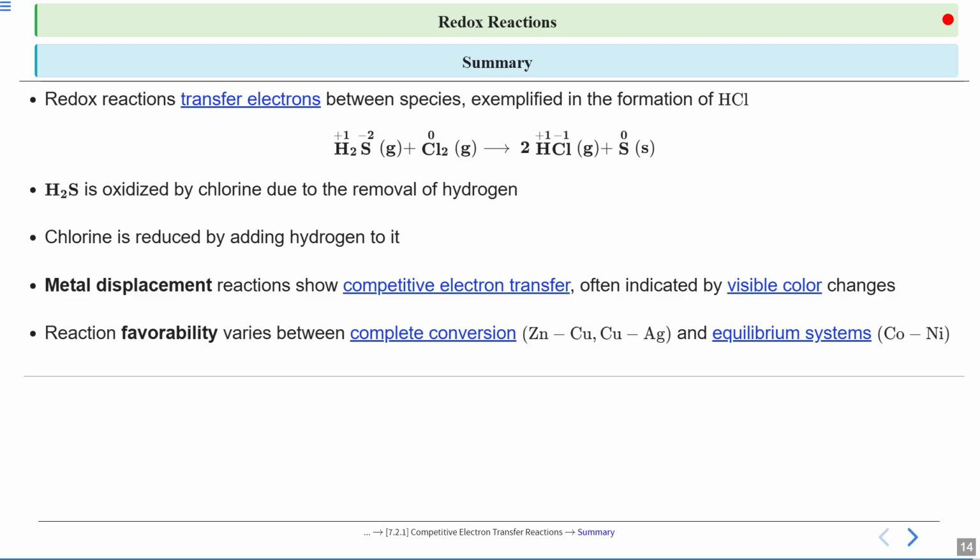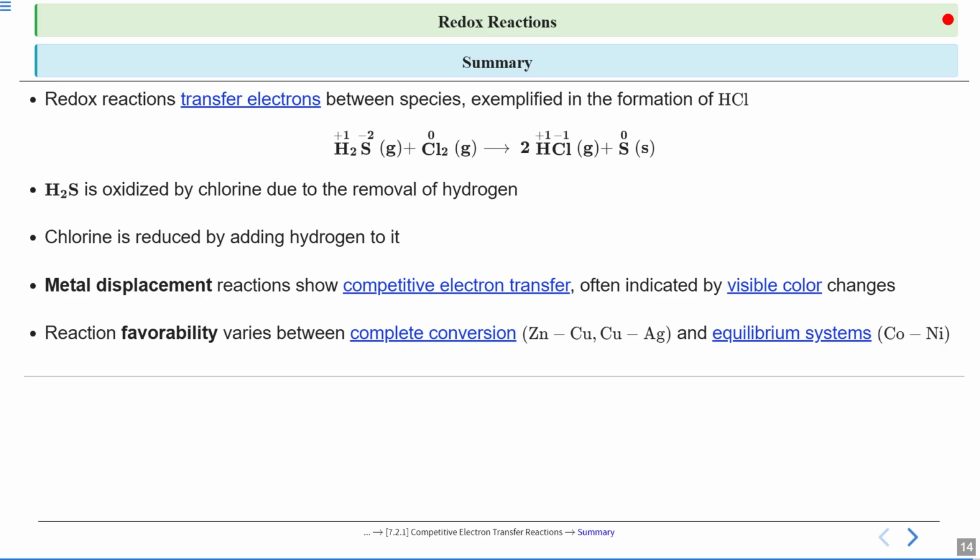Now, the reaction favorability varies between complete conversions and equilibrium systems. The reaction favorability varies between the complete conversions, which was in the zinc-copper or copper-silver examples, and the equilibrium system, which was in the cobalt-nickel example.